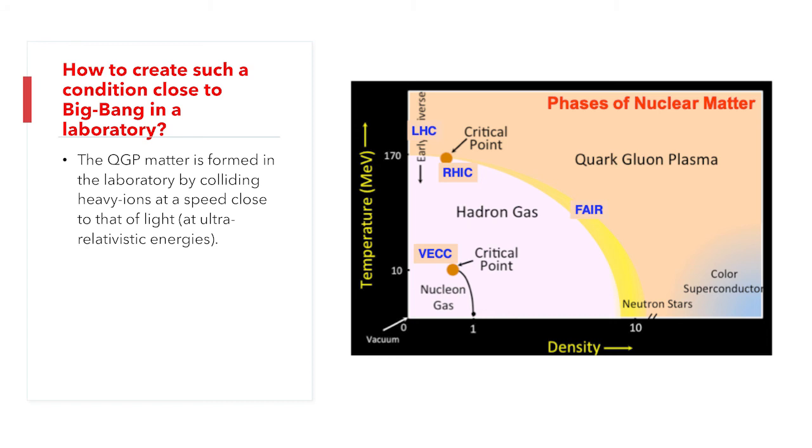it compresses and heats the colliding nuclei in a way that the individual protons and neutrons superimpose with each other. This creates a high density of matter, which allows a relatively large number of deconfined quarks and gluons to exist for a very brief period of time.